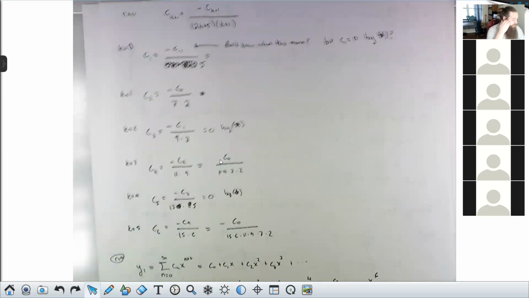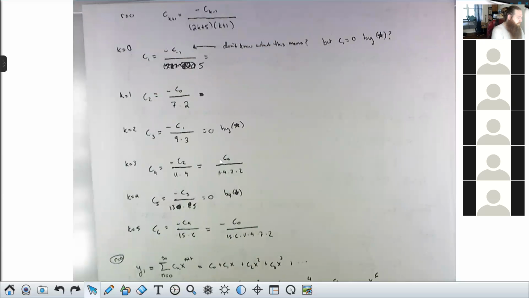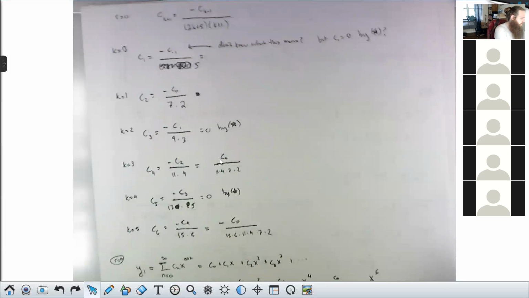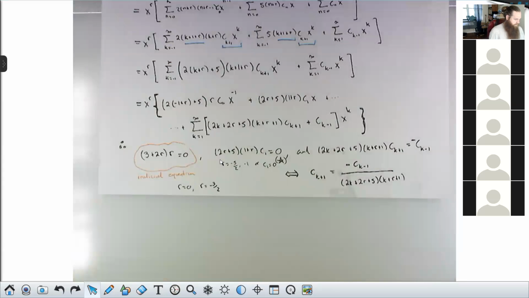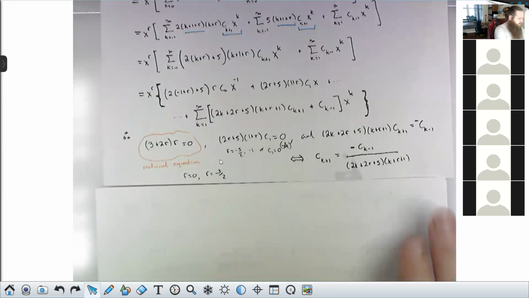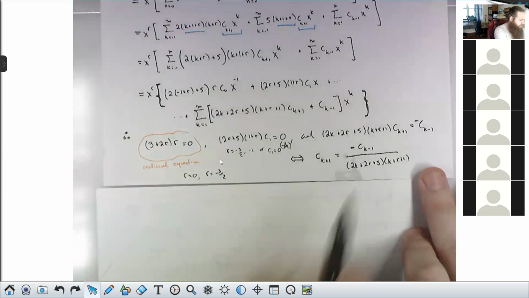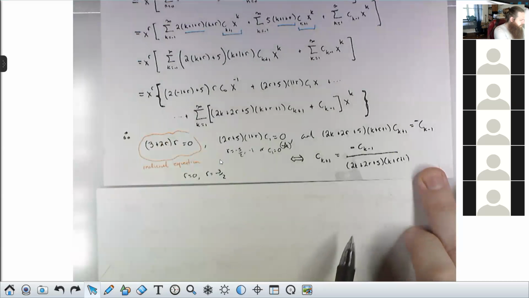And then we would get our second solution by doing the same thing, but with r equal to negative 3 halves. So our second solution, r to be negative 3 halves in here. What are we going to get?